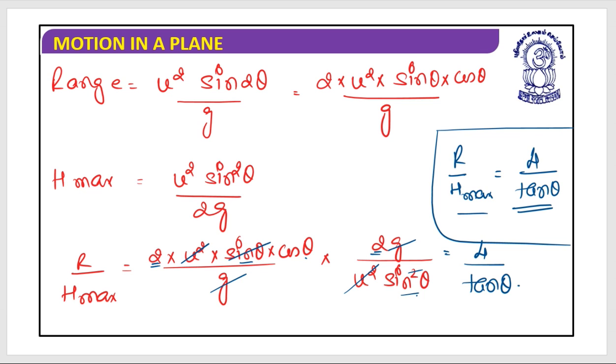You must write all these applications in one place where you can refer to them, and once you refer to them once, twice, thrice and more, you are going to remember them. In competitive examinations we are not given ample time to first find the ratio and then apply a formula. This is simply not possible. So you must remember that R by h max is 4 by tan theta.